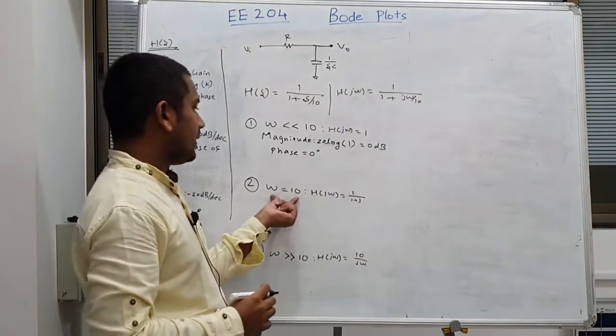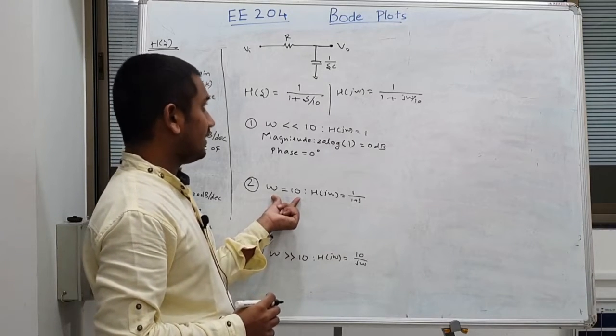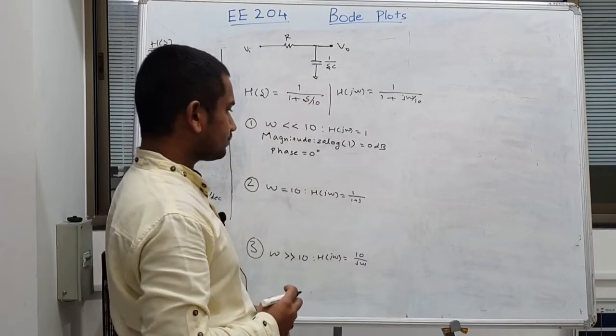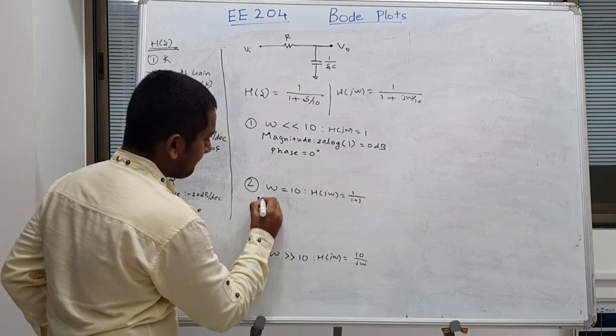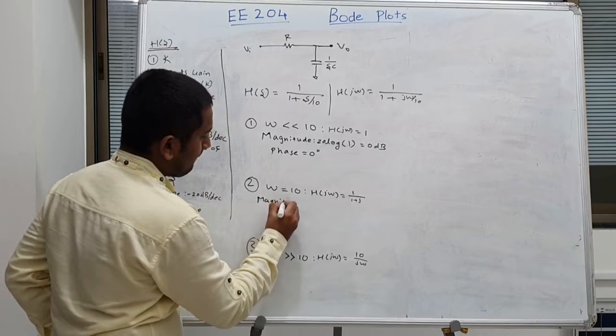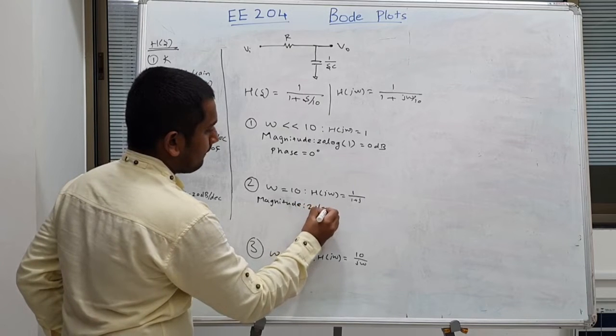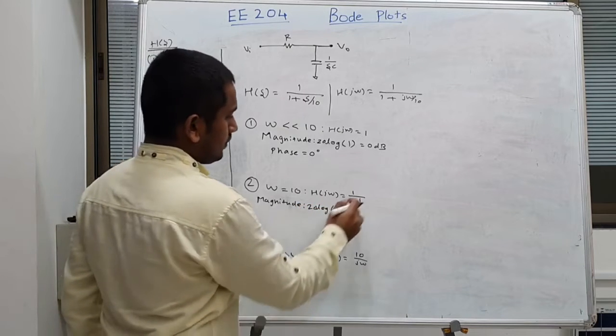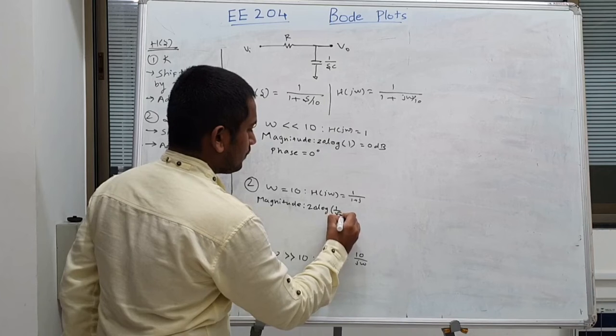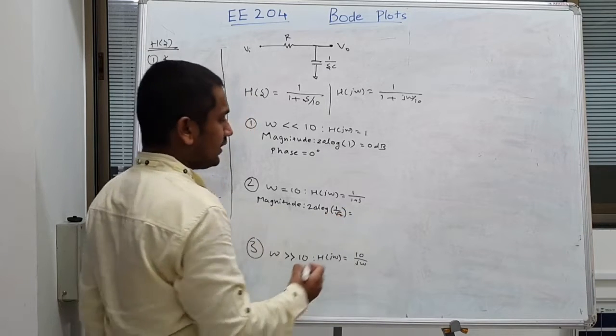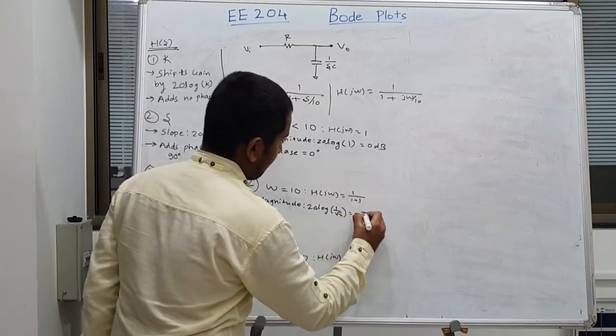Now when omega is at 10, like the pole frequency, the magnitude is 20 log of 1 by root 2. It will come out near minus 3 dB.